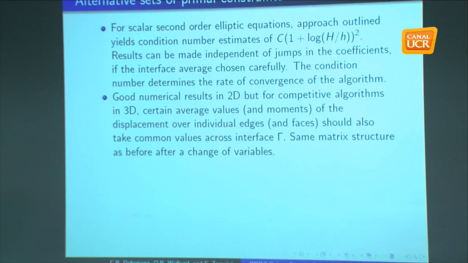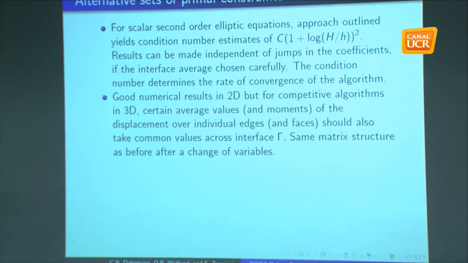So for example, for 3D elasticity or 3D scalar elliptic problems, we should use averages over individual edges and sometimes first moments. That will give a small but very powerful primal space.